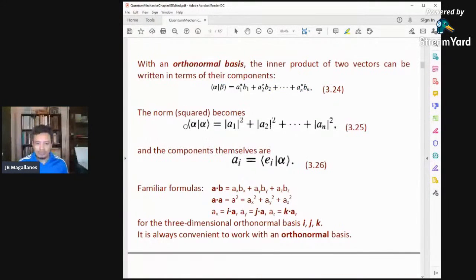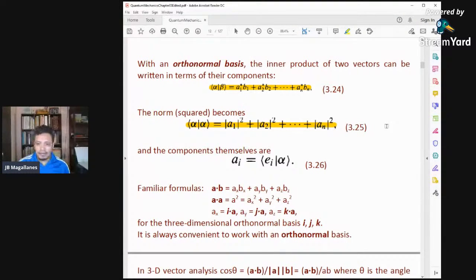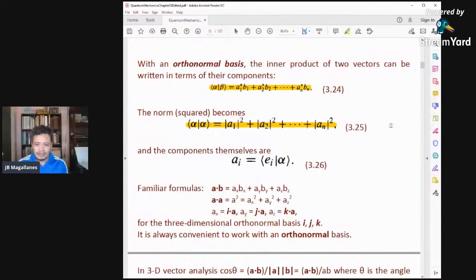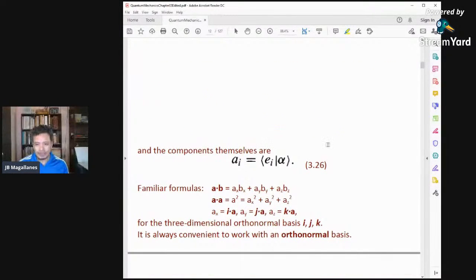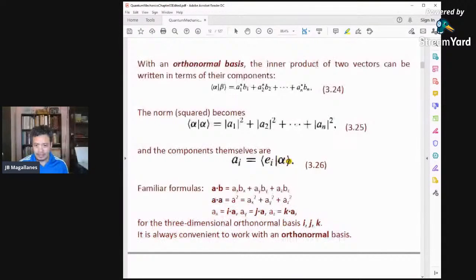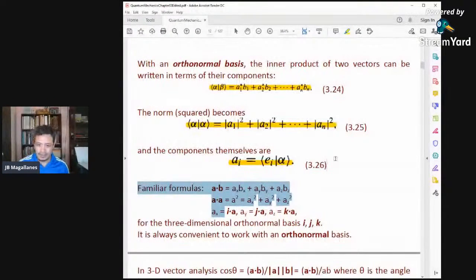So for the norm, you can also do that here. This one is just the magnitude, and the components you can get by getting the inner product with one of the bases. Look.